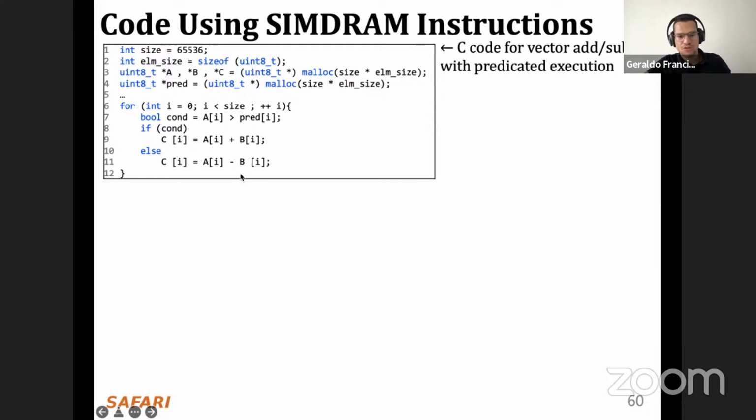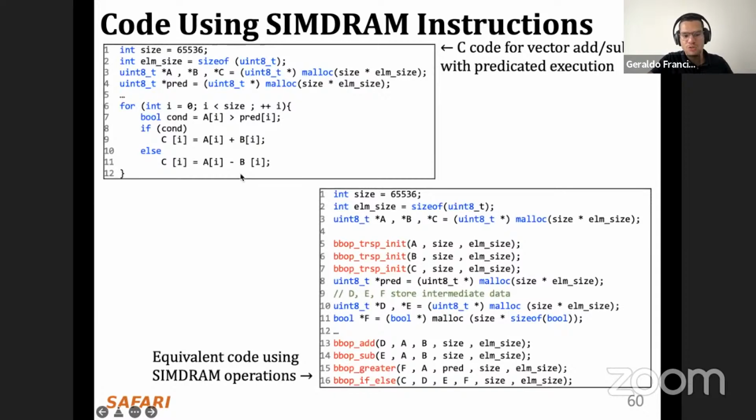And what we do to transform this code to equivalent code using SIMDRAM operations is first we need to mark that arrays A, B, and C are going to be used as SIMDRAM objects, so we can trigger the object tracker and the transposition unit. And also we need to issue the BBOP operations for each one of those operations that we have. So here first we do the addition, then we do the subtraction, then we do the condition comparison, and finally we do the if-else operation, the predication operation.